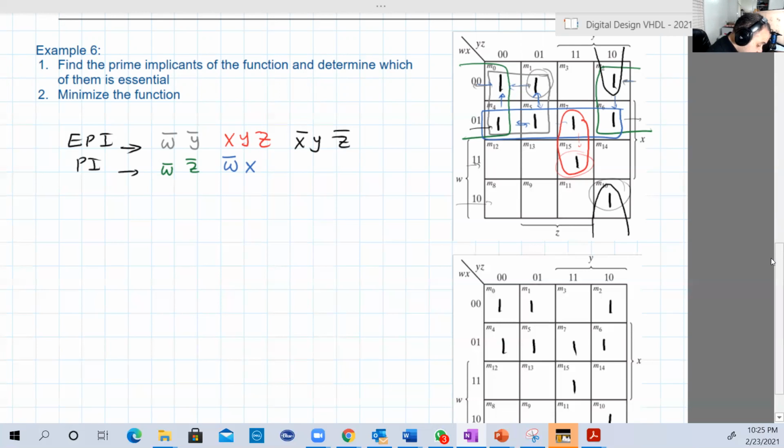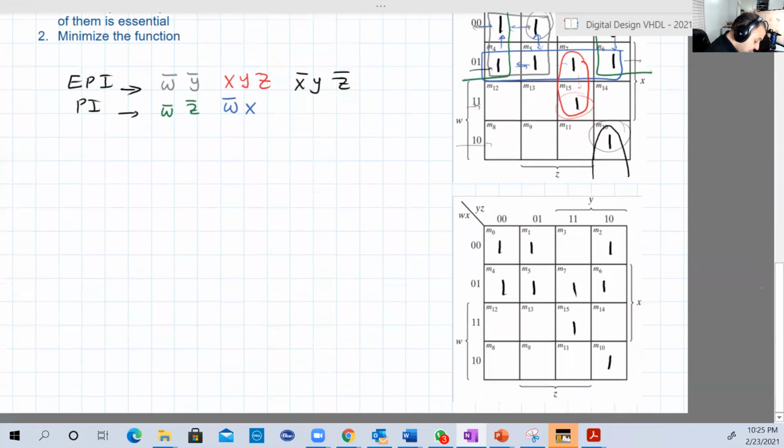Now let's find the minimum. Start with the essential prime implicants, then the red, then the gray. And look here, we only have one left.